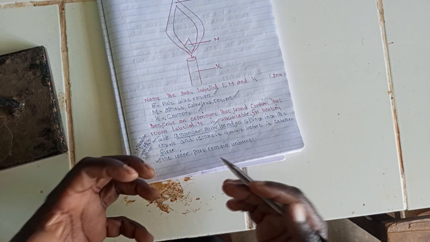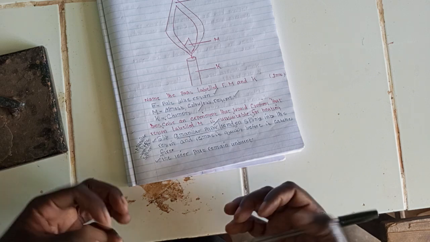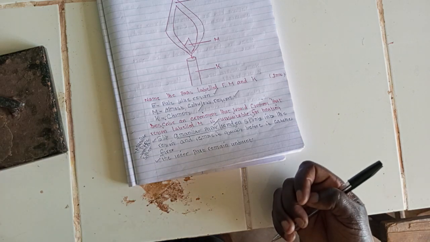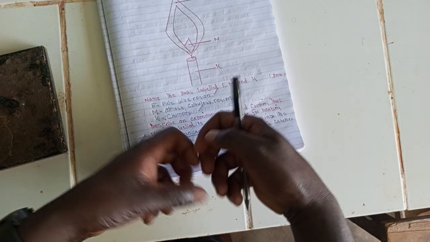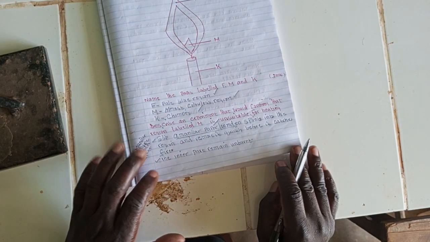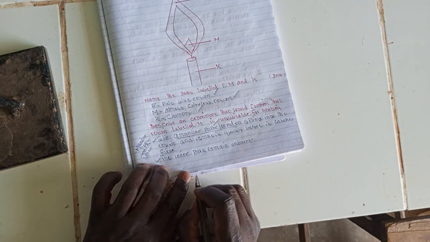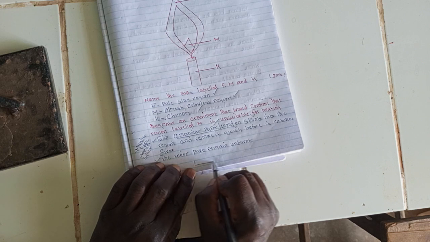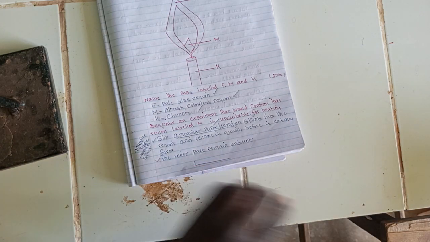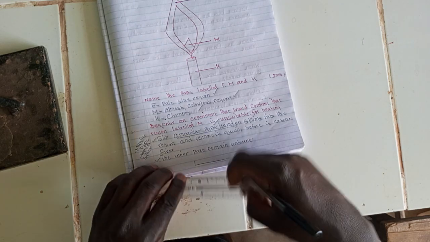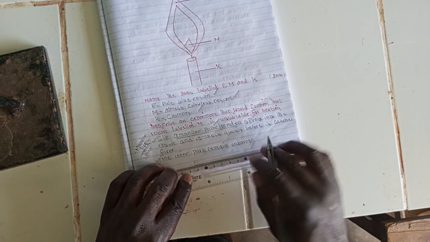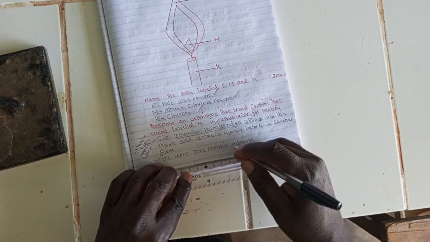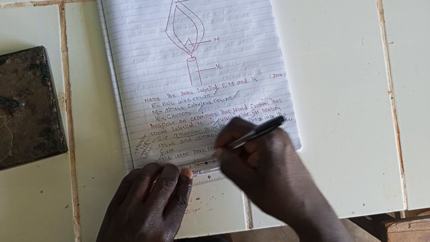Then we have the procedure to be followed, whereby you slide in a manila paper or a wooden splint in the region, and then you remove it quickly before it catches fire. The inner part remains unburnt. In a diagram, this is the result you can have. If you use a wooden splint, this is the result that you can get.